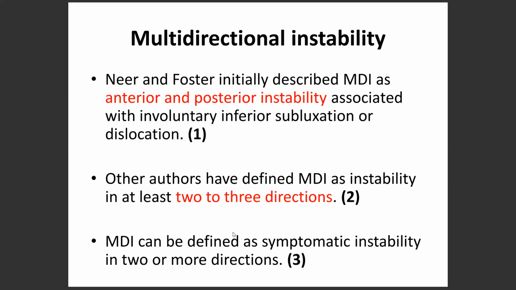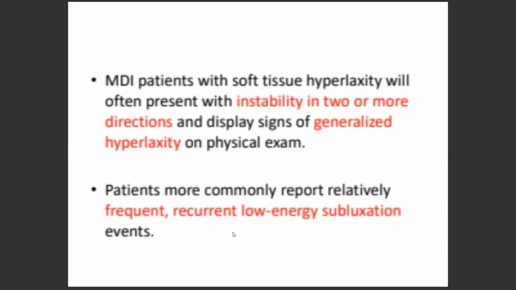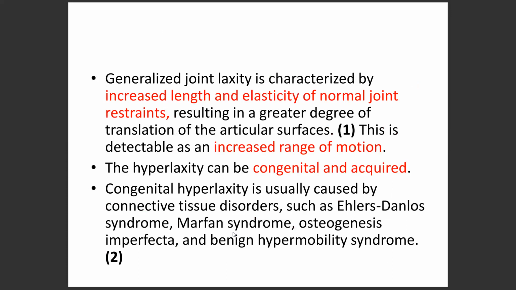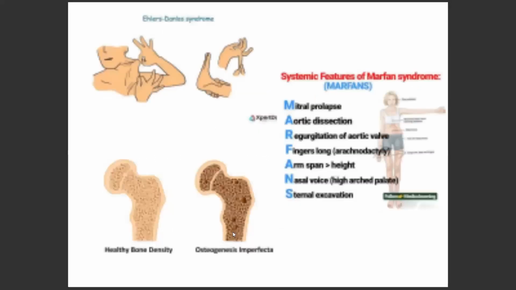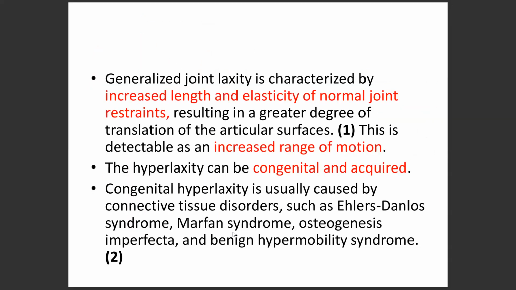So that was the end of today's session. We discussed in this lecture multi-directional instability, what it means and how it can be assessed. Then we discussed the difference between joint laxity and instability.